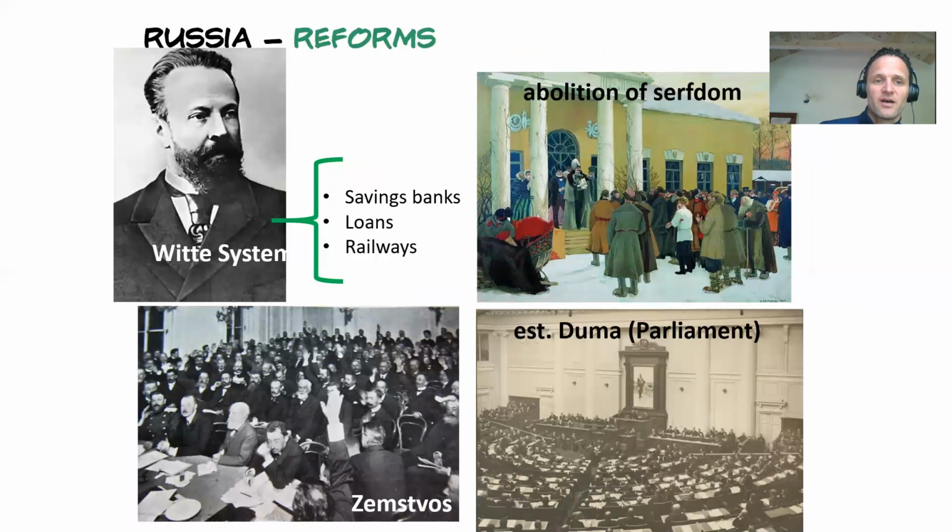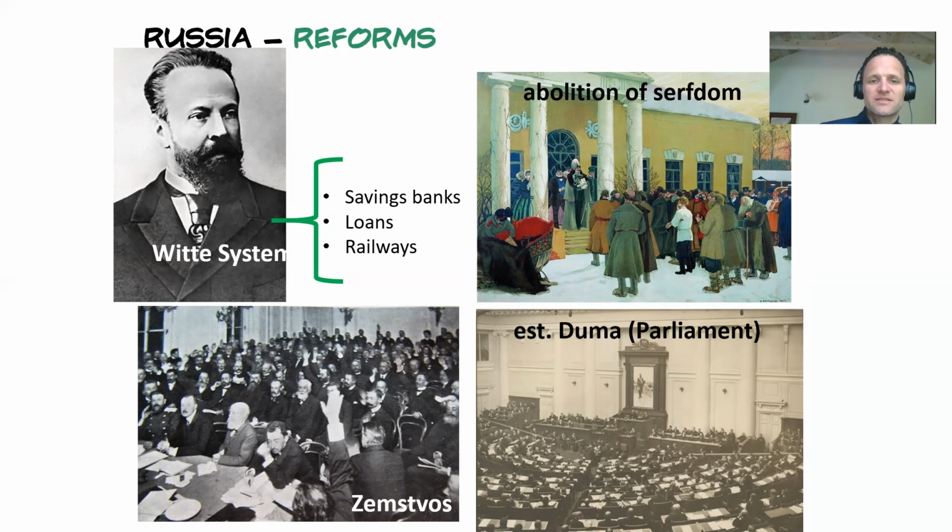In Russia, the reforms that we see are led by this man, Sergei Witte. They involve creating a national bank, savings banks for the people, and the abolition of serfdom, getting rid of essentially slavery in Russia. Serfdom was a form of coerced labor, similar to slavery, but not really like chattel slavery.